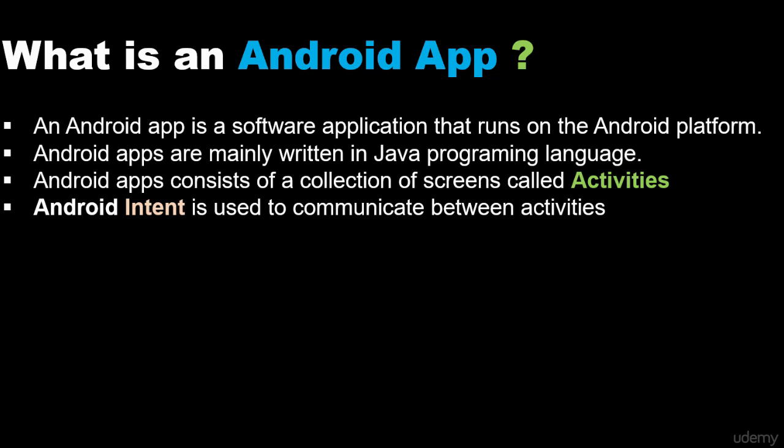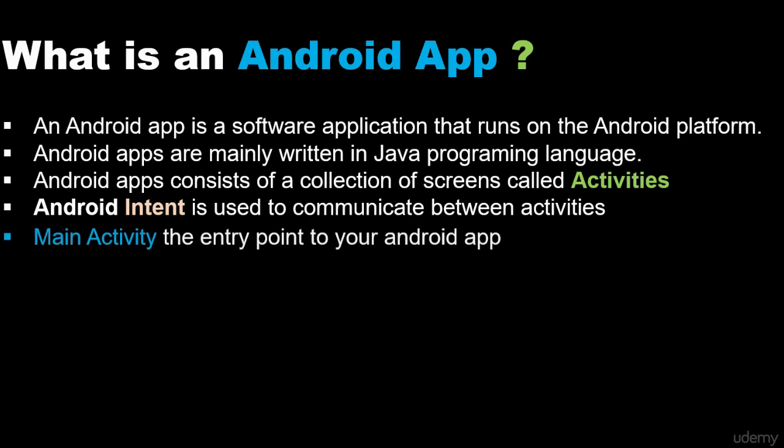Just like a website will have the home page as the entry point into the website, an Android application will have the main activity, which will be the entry point to your Android app.